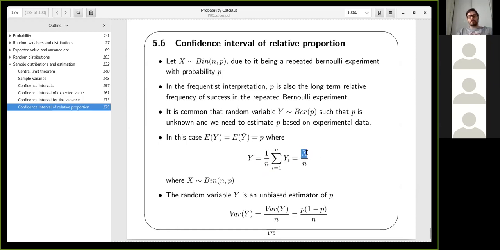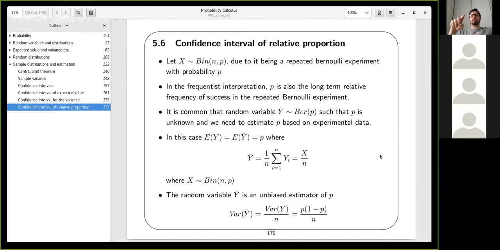This is a binomial distribution, n, P, but we're dividing it by n. So we know that the random variable, which is the average, is an unbiased estimator of this P, because we know that the expected value of the sample mean is the same as the expected value of the variable itself.